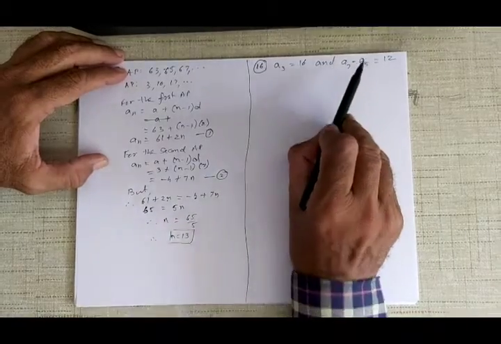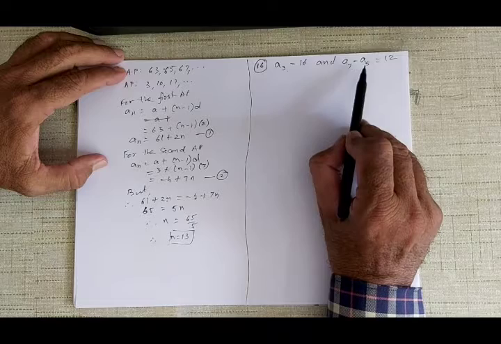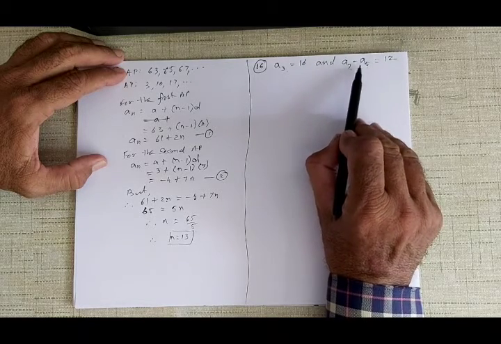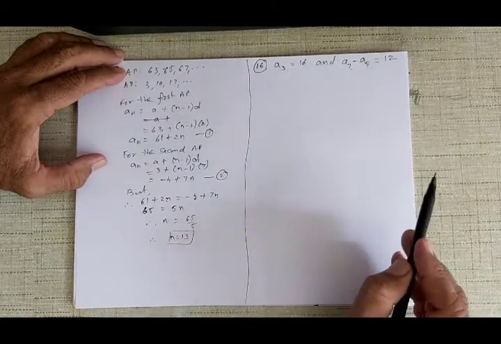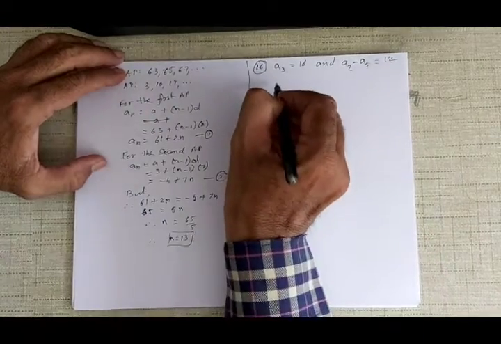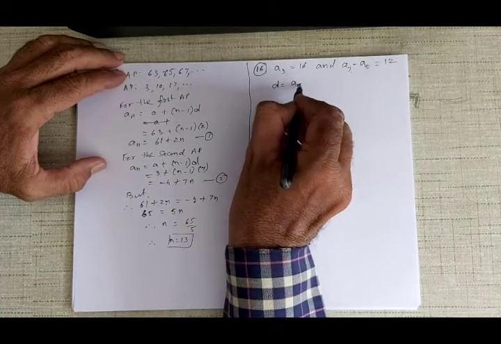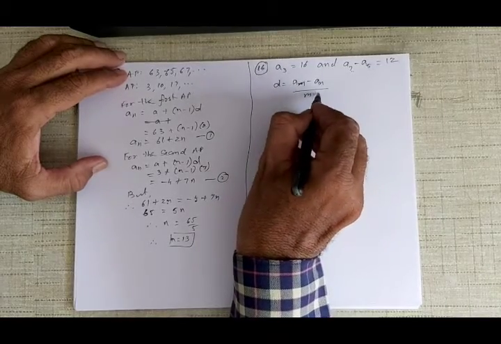Now look here, it is given that a of 3 is 16. Also we are given that a of 7, that is the 7th term, is exceeding the 5th term. That means a of 7 is greater than a of 5 by 12. Yesterday I taught you that there is this formula D is equal to a of m minus a of n upon m minus n.